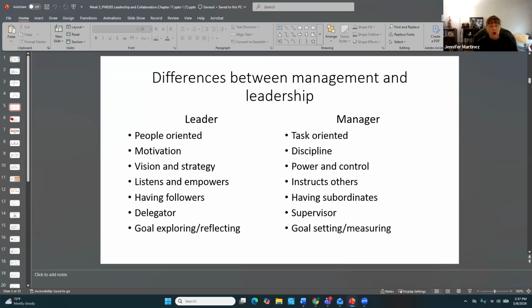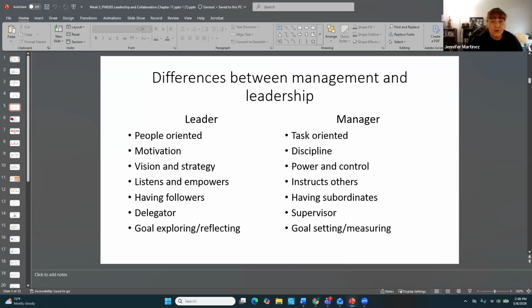Leaders, on the other hand, are people oriented. All right. We can't teach somebody how to be a leader. Okay. So leadership skills are developed. All right. This is your personality and your experiences that help you to become a leader. They are motivators. They have a vision or they follow the vision of the organization.